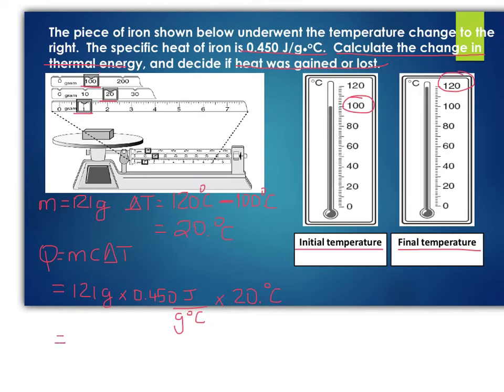So we multiply all these values and we get 1089 joules. But since we only had 2 sig figs from our subtraction, we need to round this to 2 sig figs. So we need to round it off here.